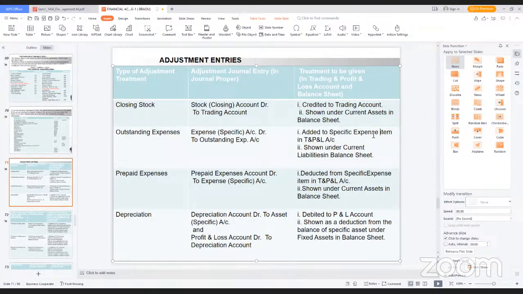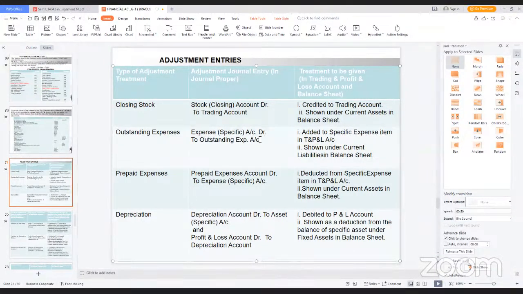Trading account means it will be the wages. To the wages, you will be adding the outstanding expenses. If it is in the trading account, it may be the salary, it may be anything. That is first shown in the trading account or profit and loss account.